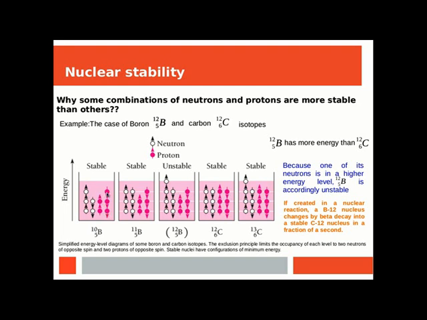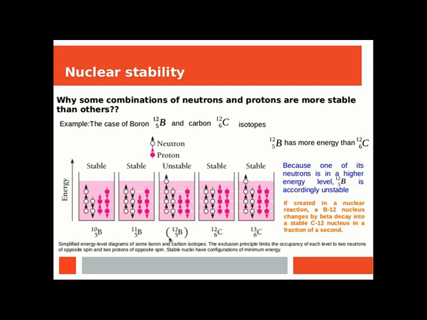At the highest occupied energy level, you see that there is only one neutron and one proton. In boron 11, there are two neutrons and one proton. These two neutrons are obviously of opposite spin.